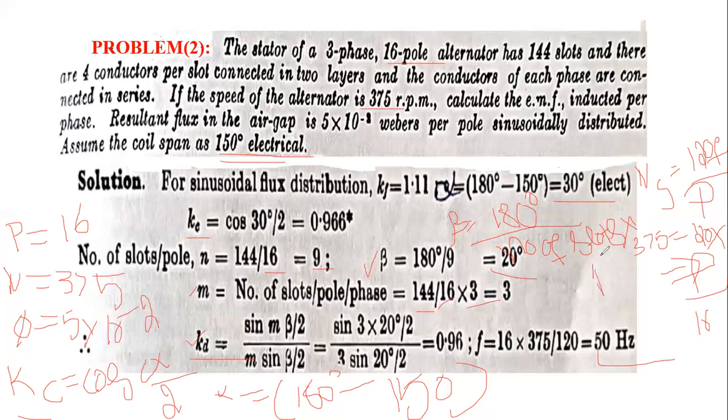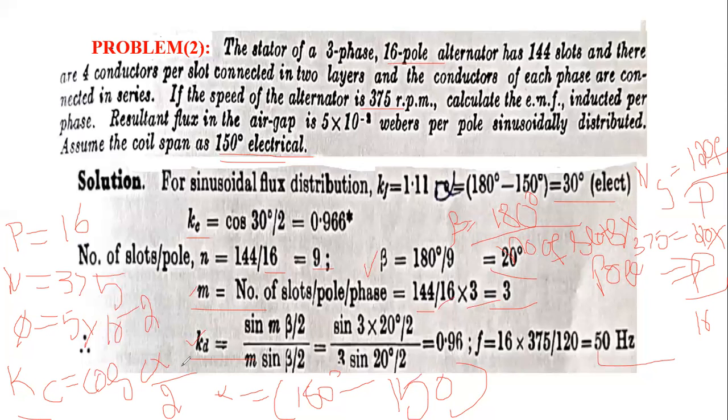This is the formula for beta. 180 by number of slots per pole: 144 slots by 16 poles. Then we obtain the n value, that is equal to 3.